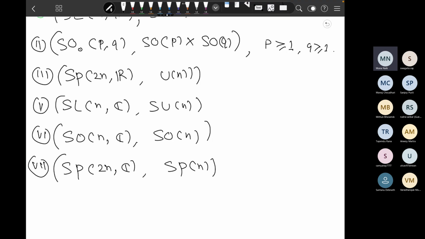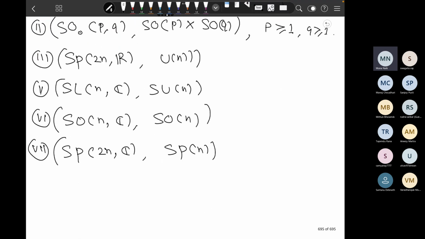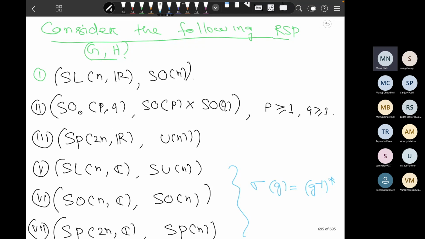Okay, so these are some Riemannian symmetric pairs, and for these we have defined the involution. This is G inverse star, and for the above three things, the involution is sigma G equal to G inverse transpose. Right?